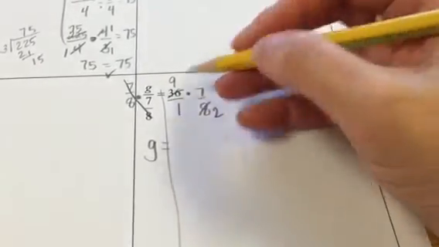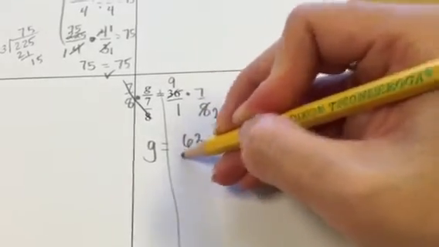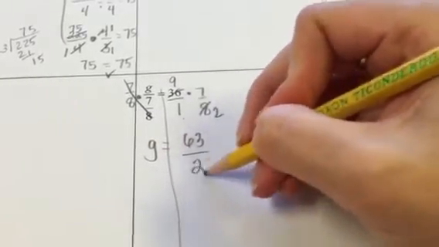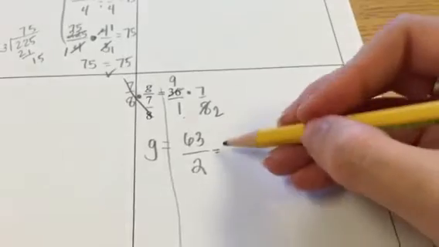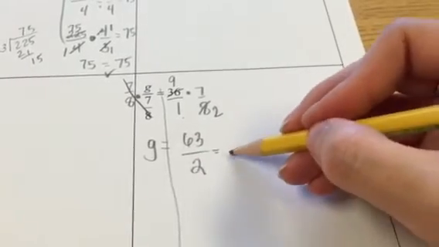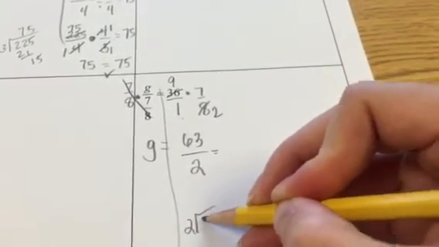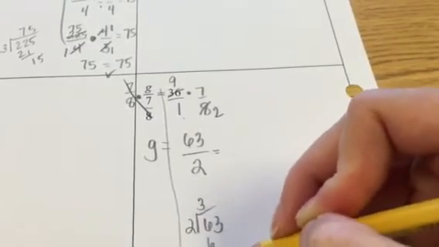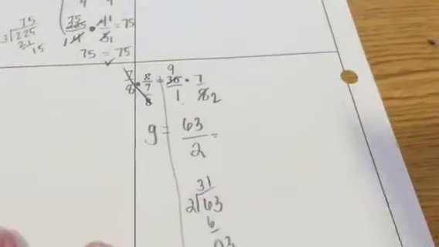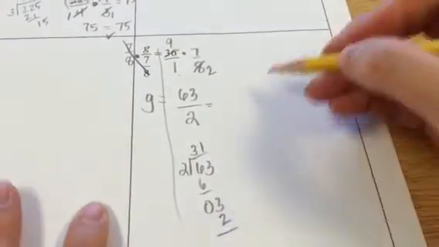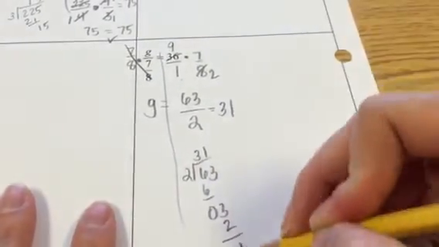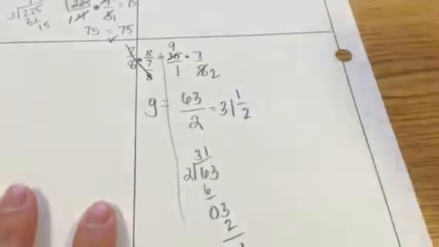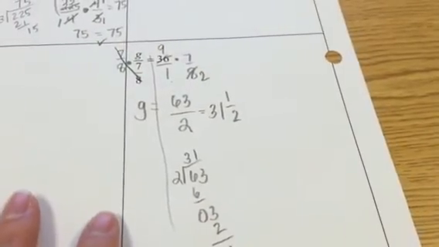So 9 times 7 is 63. 1 times 2 is 2. Now I have to change that improper to a mix. So 2 goes into 63 31 times with a remainder of 1 out of 2.